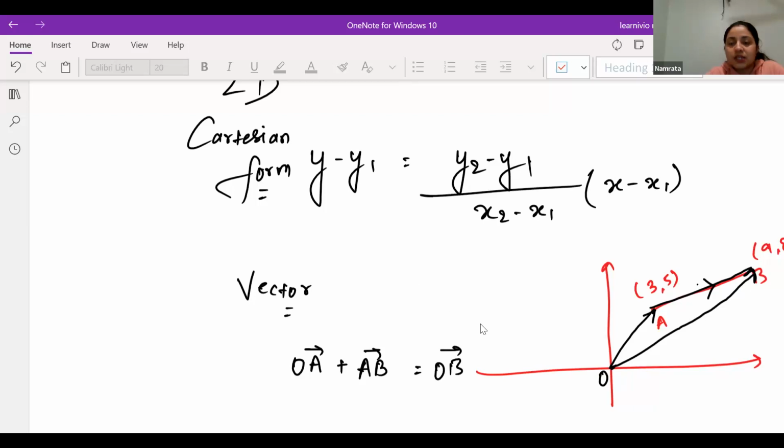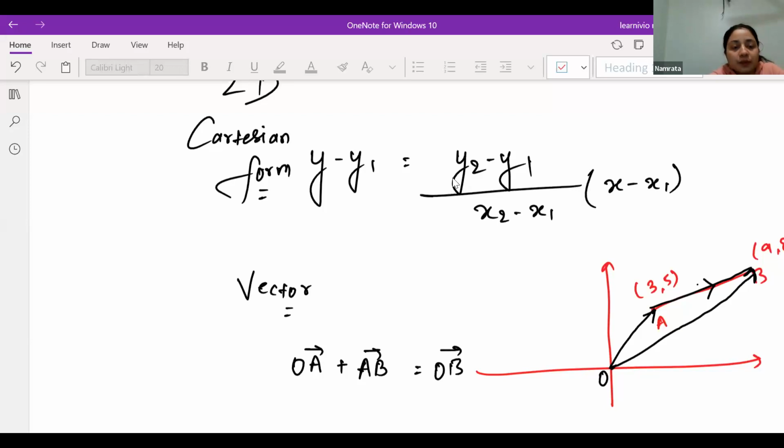OA plus AB is equal to OB. How I am writing it, is it clear to you? Just look at the triangle. Can you see the triangle? OA plus AB is equal to OB. It will not follow this direction, it will follow the reverse direction.